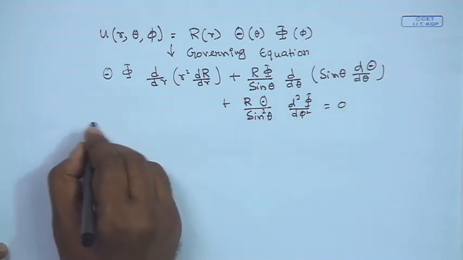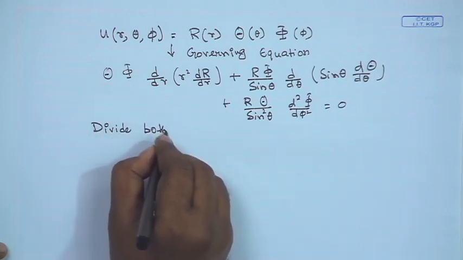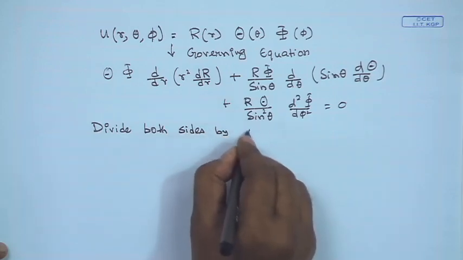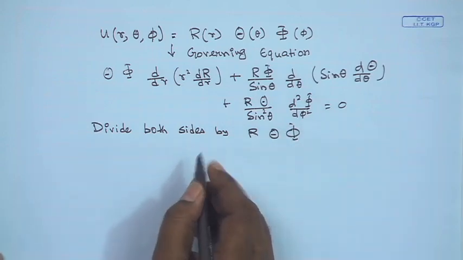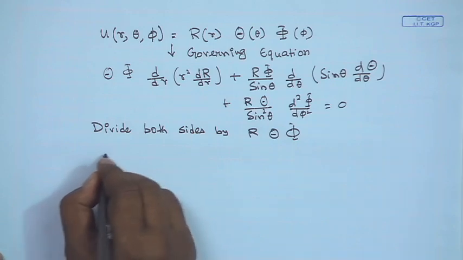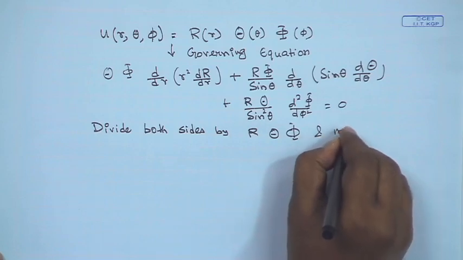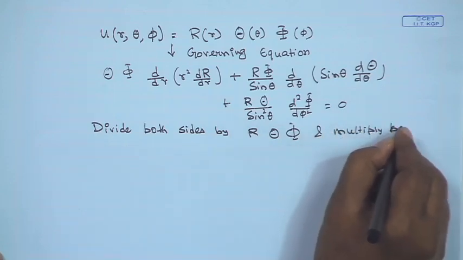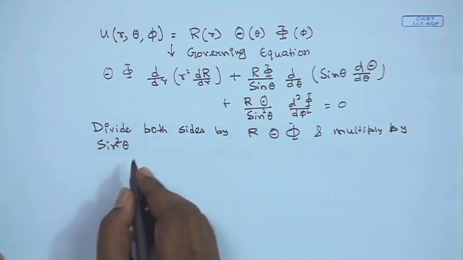Now, I divide both sides by R, Theta and Phi. So, let us see what we get. And then I multiply it by sin square theta as well. Okay.